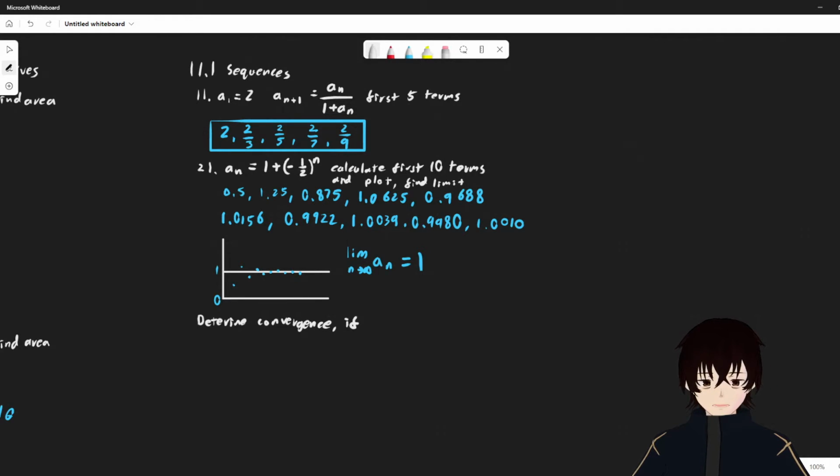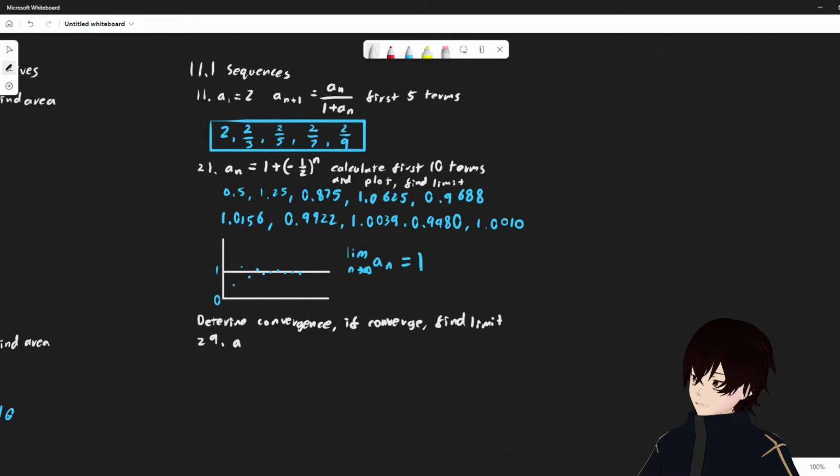And if it converges, find the limit. So 29 says the sequence a sub n is equal to e to the power of -1 over the square root of n.